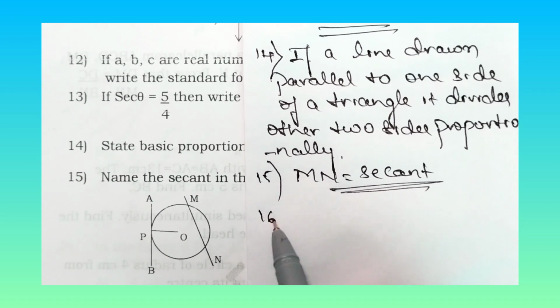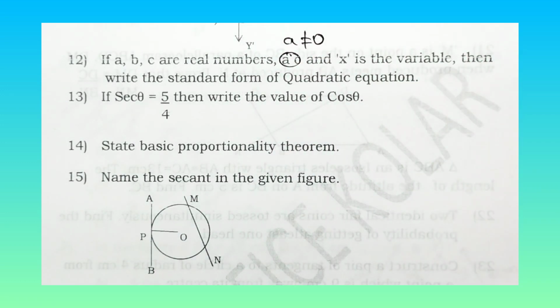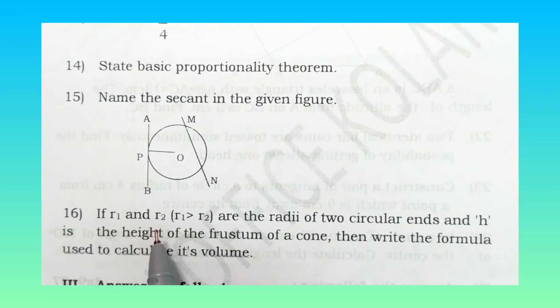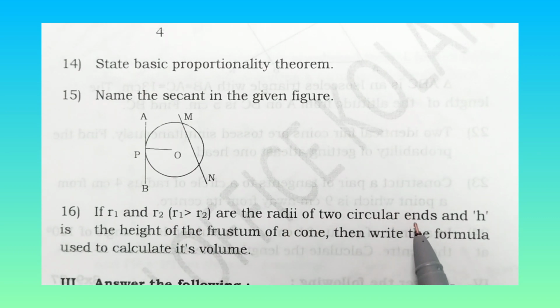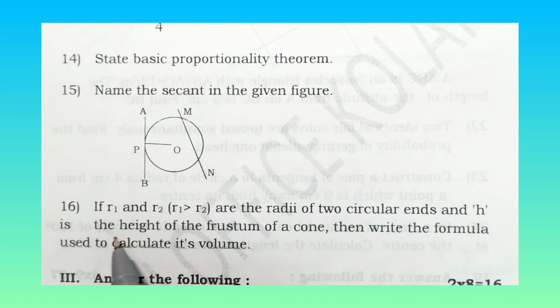Now let us answer the 16th one. If R1 and R2, R1 greater than R2, are the radii of two circular ends and h is the height of the frustum of a cone, then write the formula to calculate its volume.